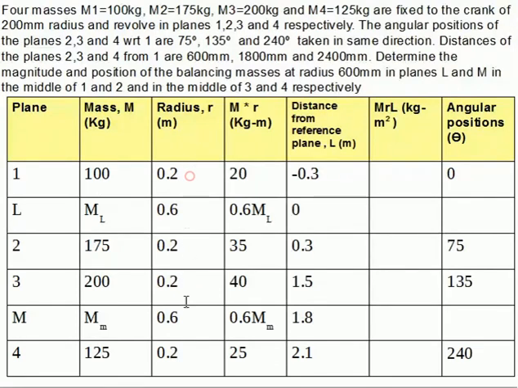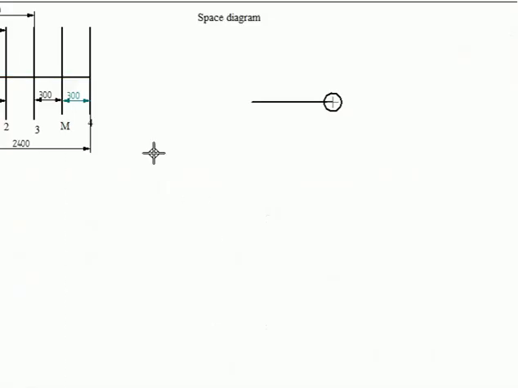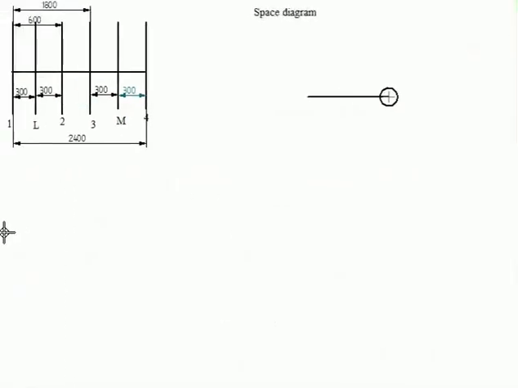So using the radius value and also the inclination, I have to plot the space diagram. After this, mass B, its radius is 0.2 again, but inclined at 75 degree. So this is mass 2.